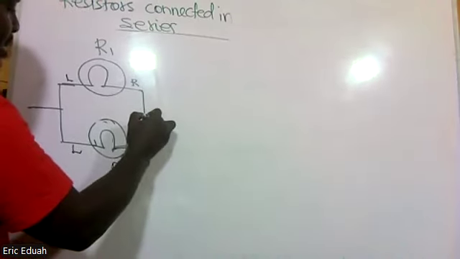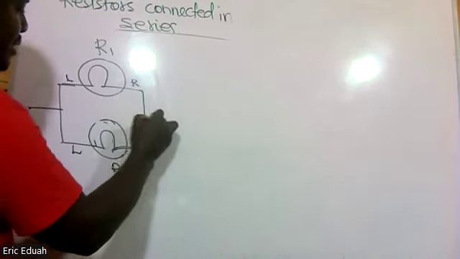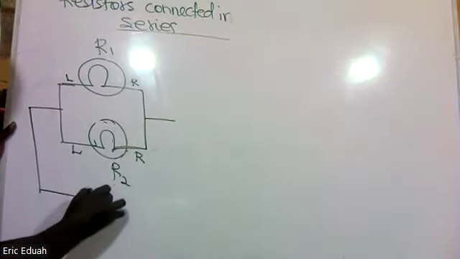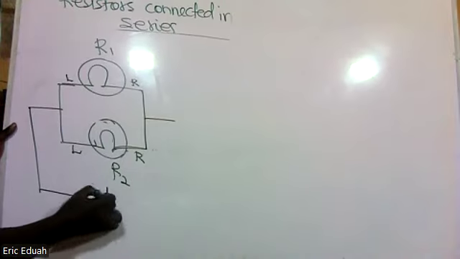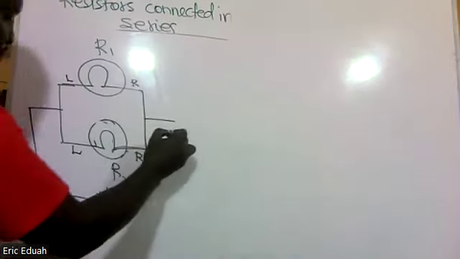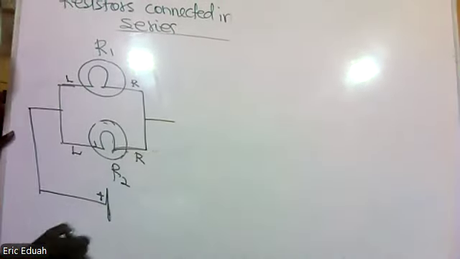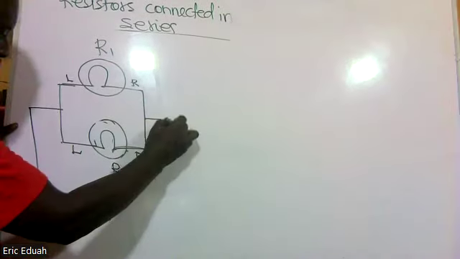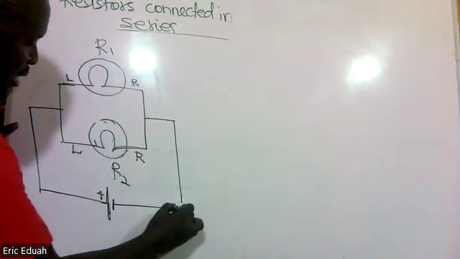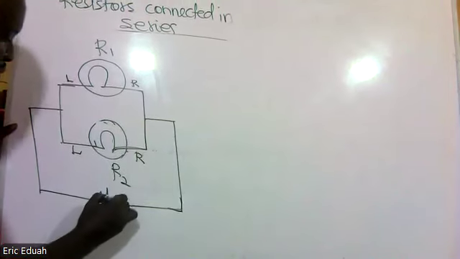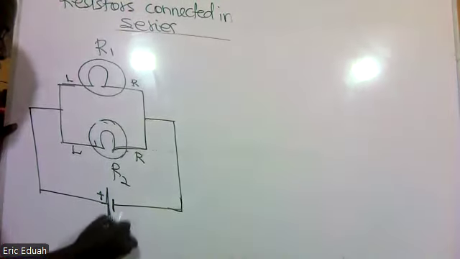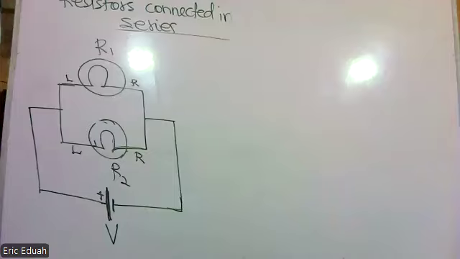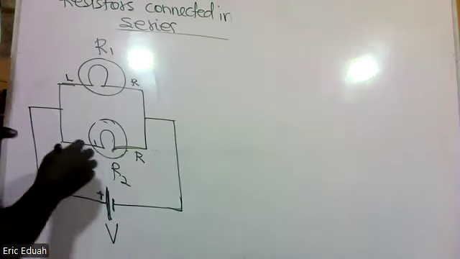Then the joined right and the joined left, let's connect to the positive side of the battery. And then the negative side is also connected to the other side. There's a source voltage. This is what happens in parallel connection.